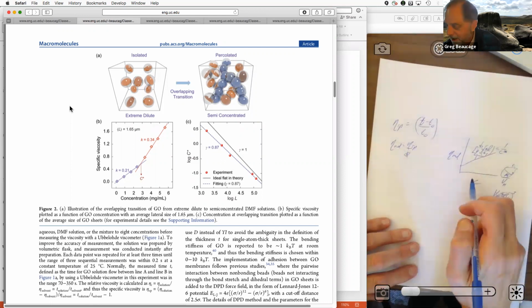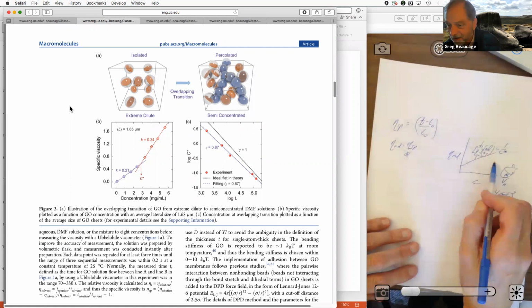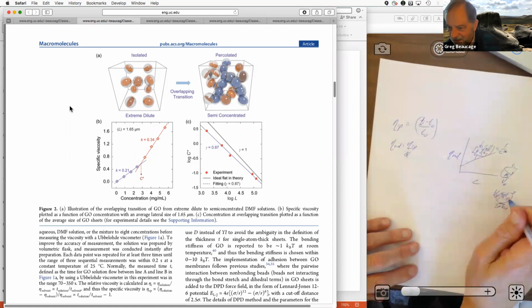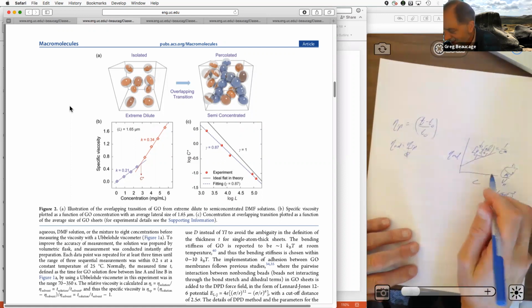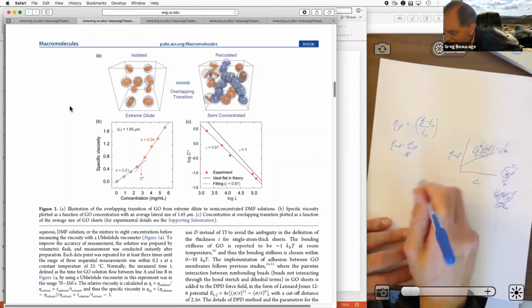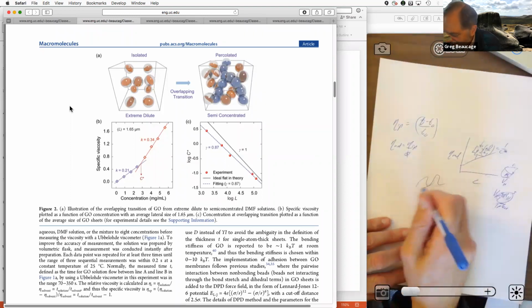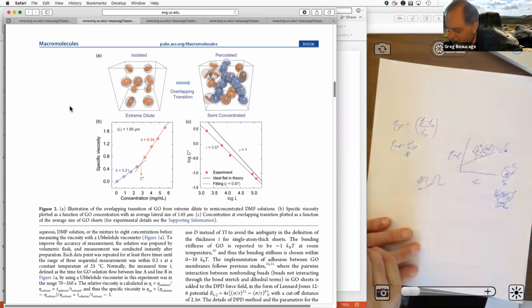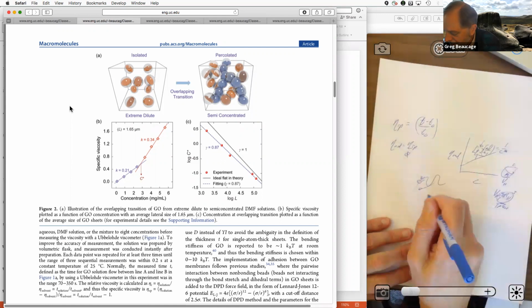Right, so if your objects are spheres, the hydrodynamic radius is the sphere radius. If your object's a polymer, then all bets are off what this is. It depends on how much solvent is drained from the object. So if you have an object where it's completely drained, the hydrodynamic radius could be the diameter of a polymer, or it could be the thickness of a graphene sheet.